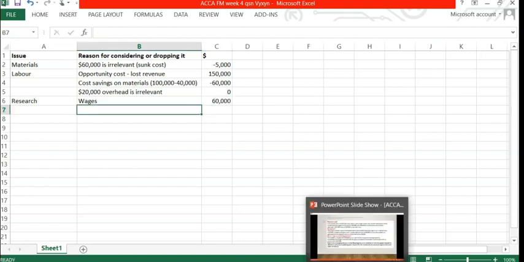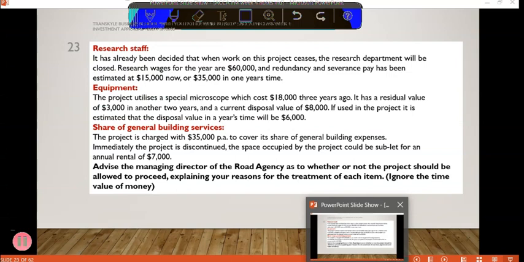But what about the redundancy? If we stop now, we are going to incur 15,000, but if we stop in a year's time, then we incur 35,000. So the relevant cost here is the extra cost. The extra cost from 15,000 to 35,000, the difference, that's the extra cost. We have to worry because this project is going to be closed in a year's time, so the incremental cost is the difference.